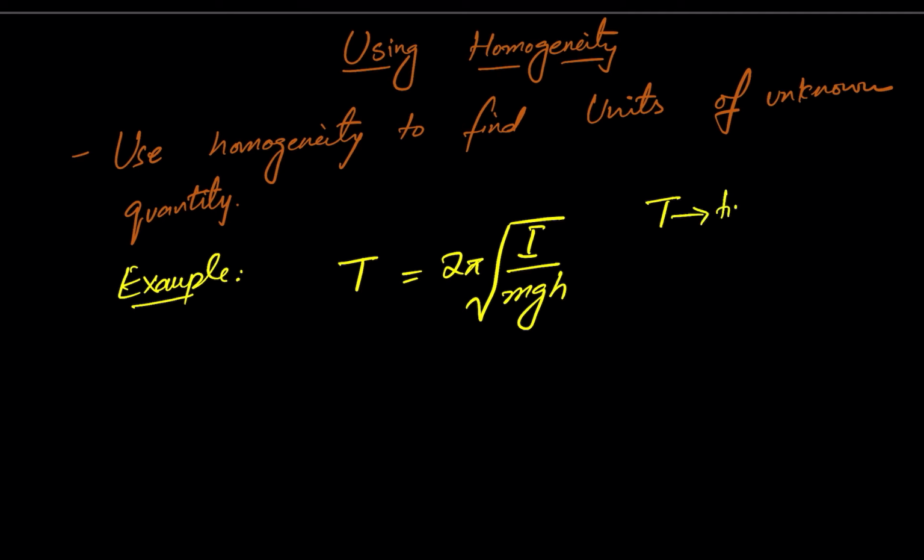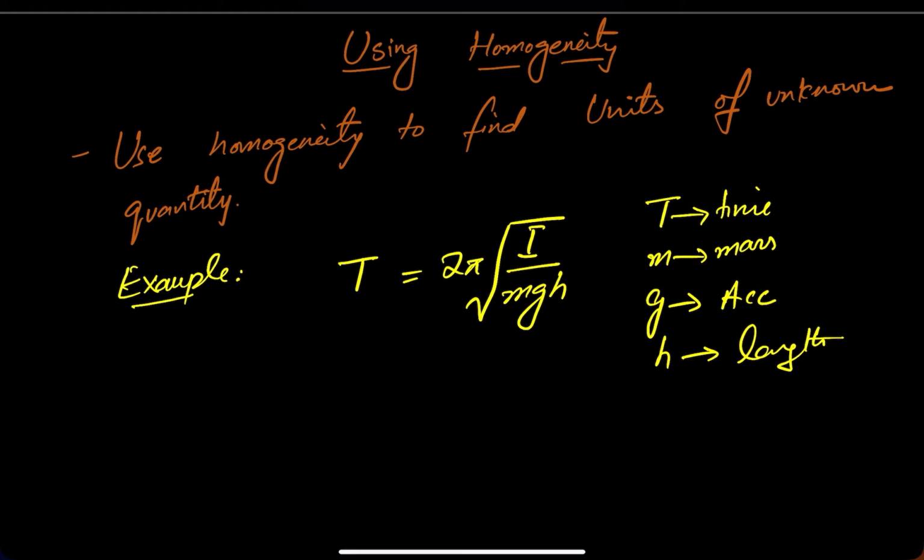T is the time, m is the mass, g is acceleration, and h is the length. What we have to do is find the base units of I. What I is, we don't know.